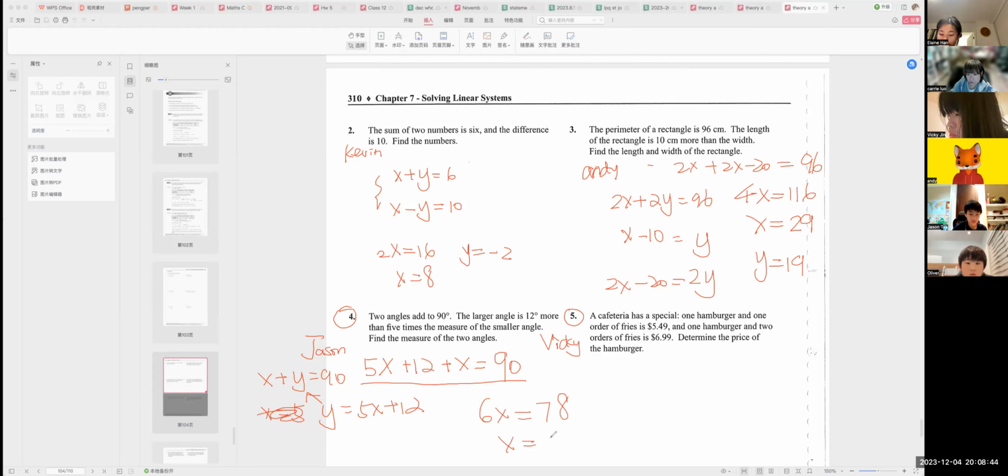So x equals 13. So y equals what? 65 plus 12 equals 77. Okay, get it?